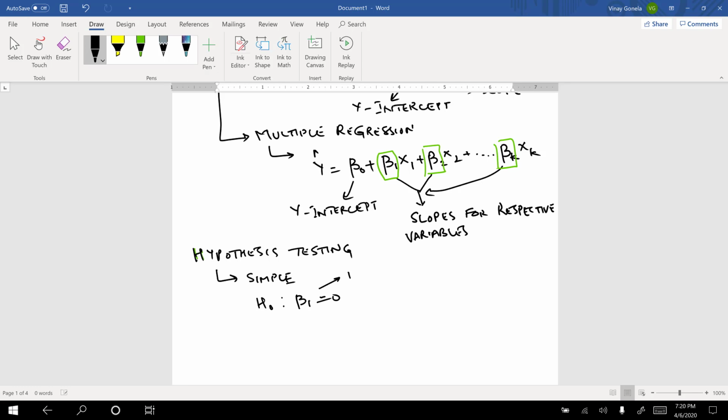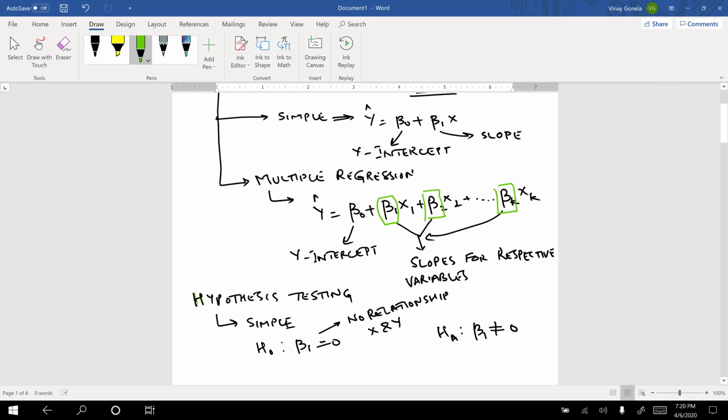This means there is no relationship between x and y, and then the alternative is beta 1 not equal to 0. So whenever you look at this slope, if this slope becomes 0, that means there is no relationship between y and x, and if it is not equal to 0, then there is a relationship, and we are trying to find the relationship. That's the main goal. So that is for simple.